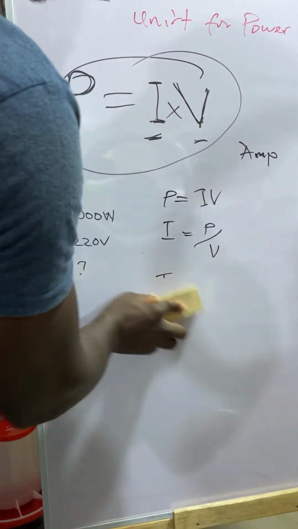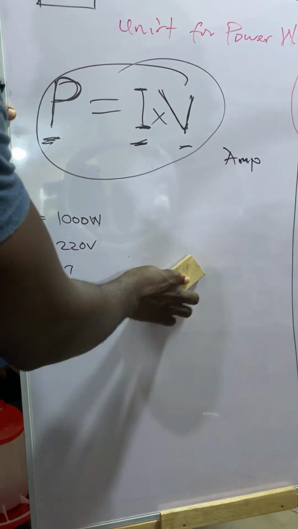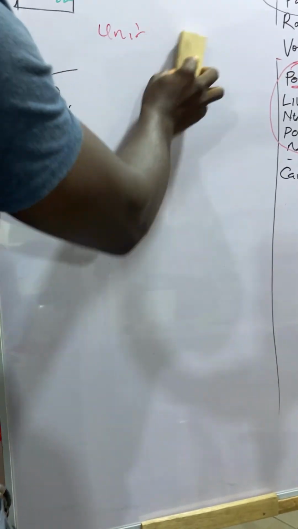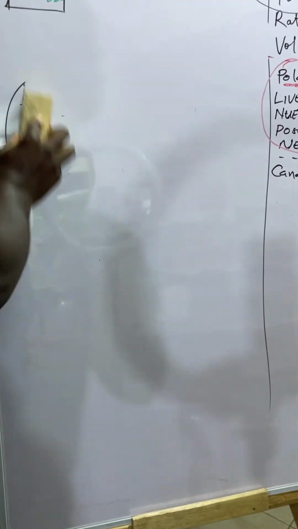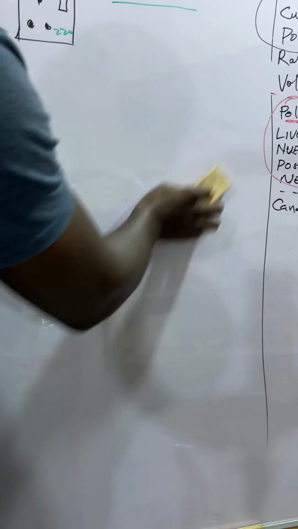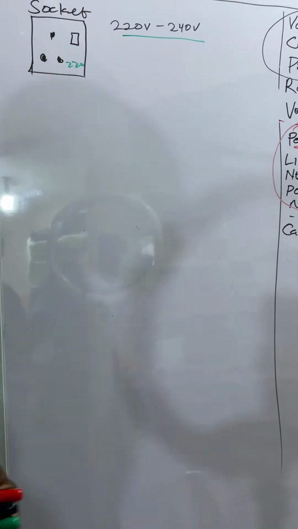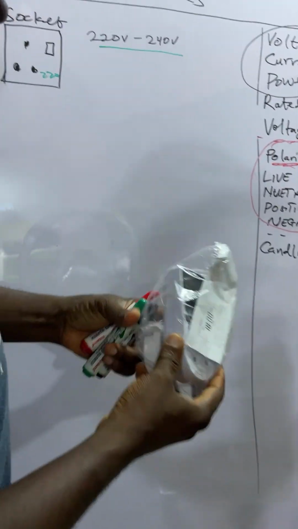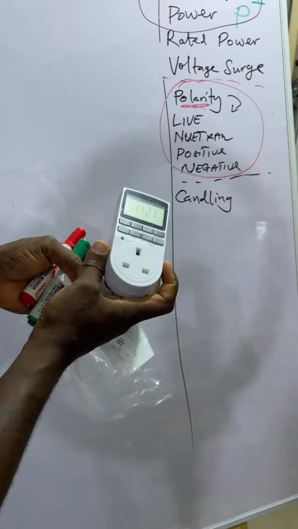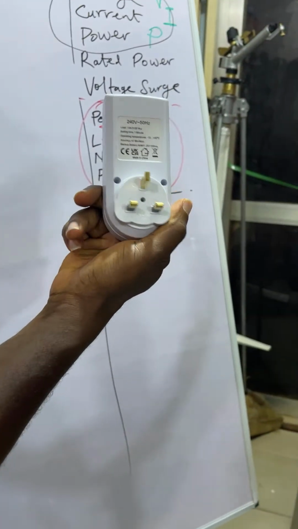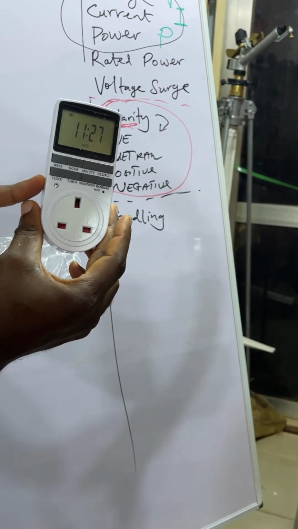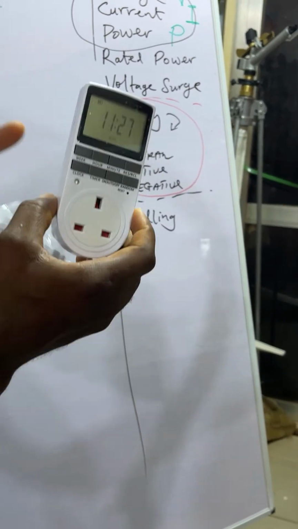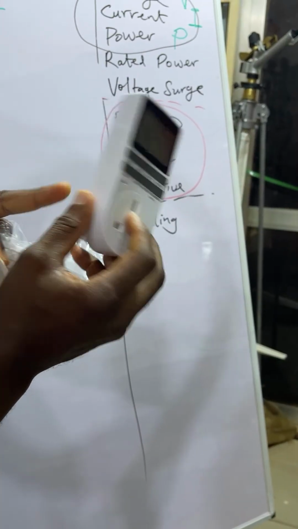Monica, get me the power consumption calculator. We have a device that looks like this. This is a timer switch, but we have a different one that looks like this. It is used to calculate the power consumption of anything you plug into it.